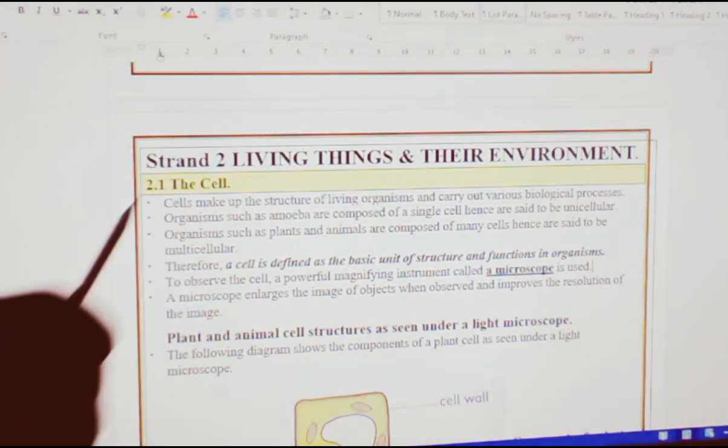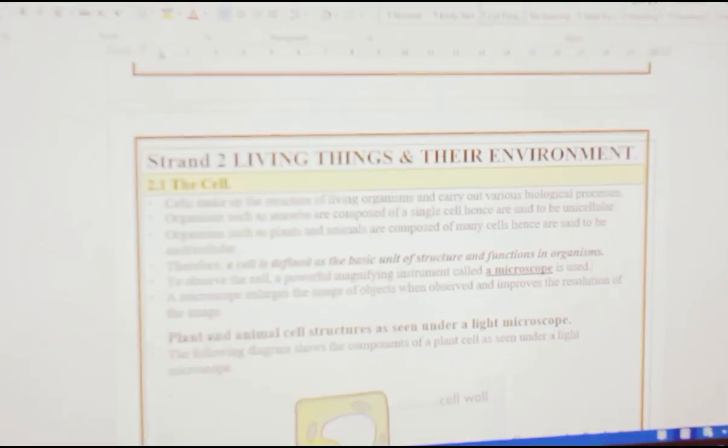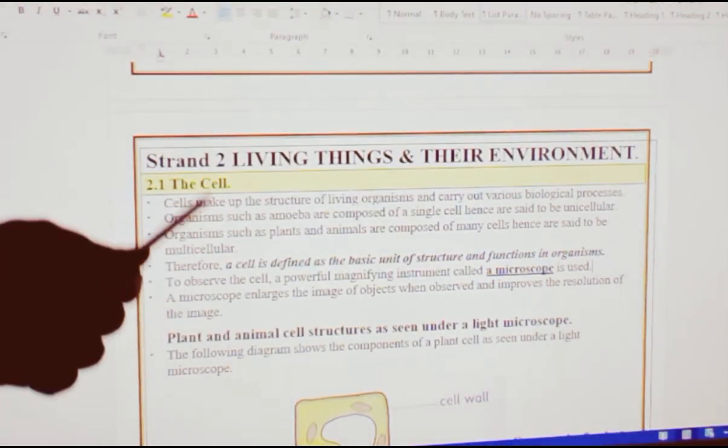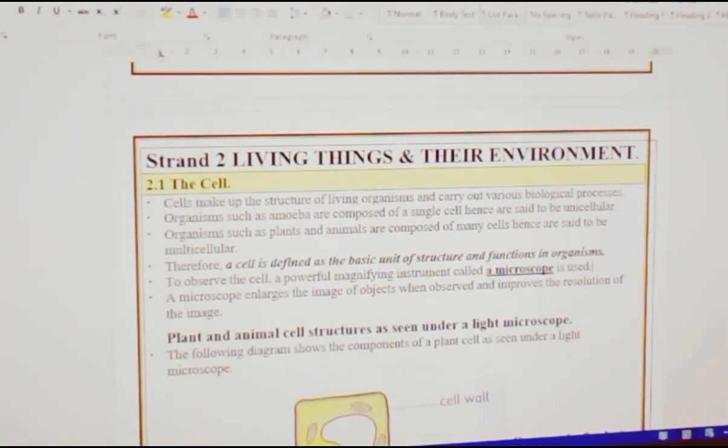So our definition of the word cell is defined as a basic unit of structure and function in an organism.